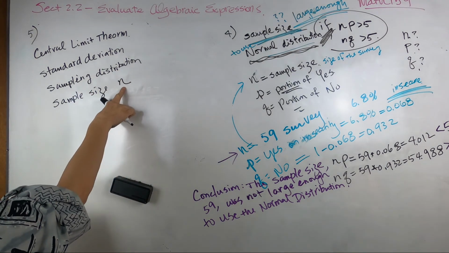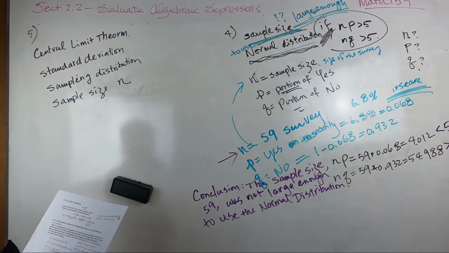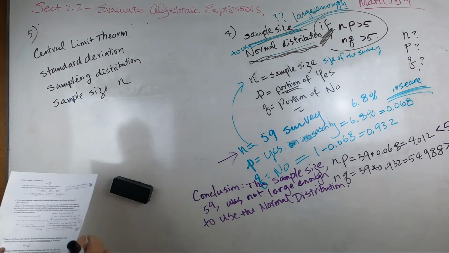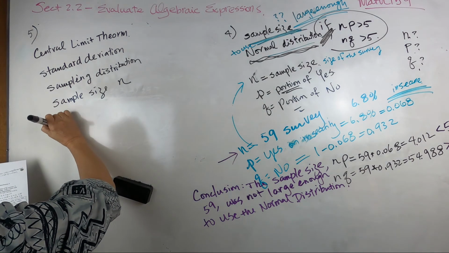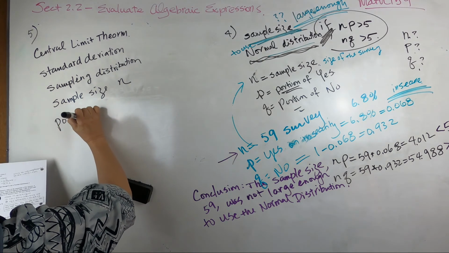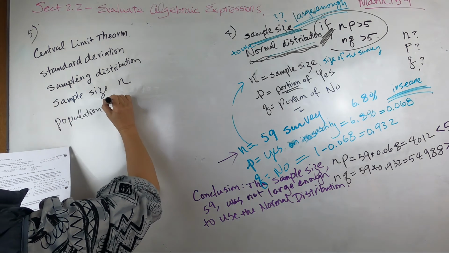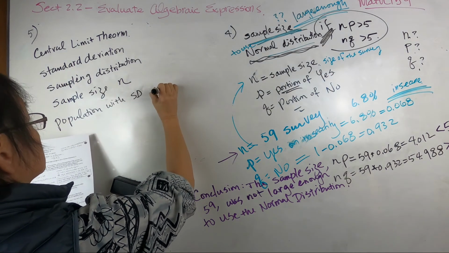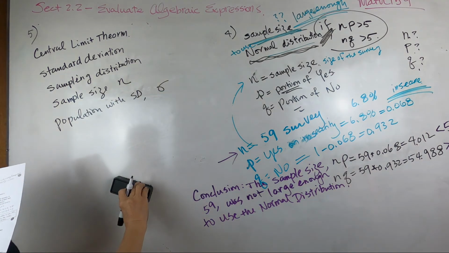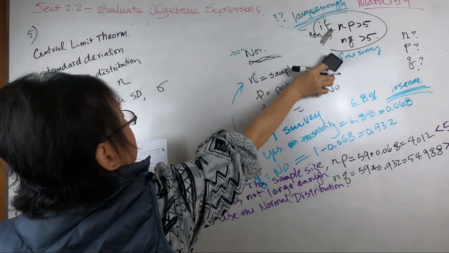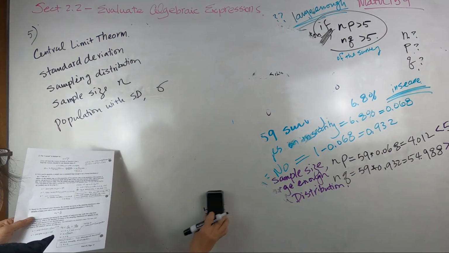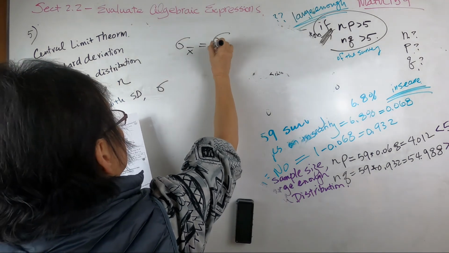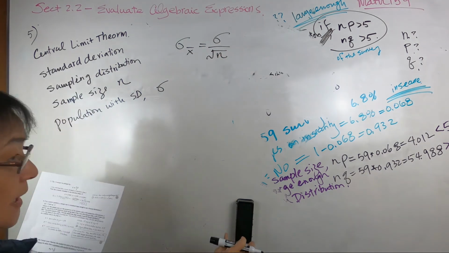At least you know the symbol n means sample size. Another one is from a population with the standard deviation sigma. So let's see, it's given by something like this: sigma x bar equals sigma over the square root of n, right?